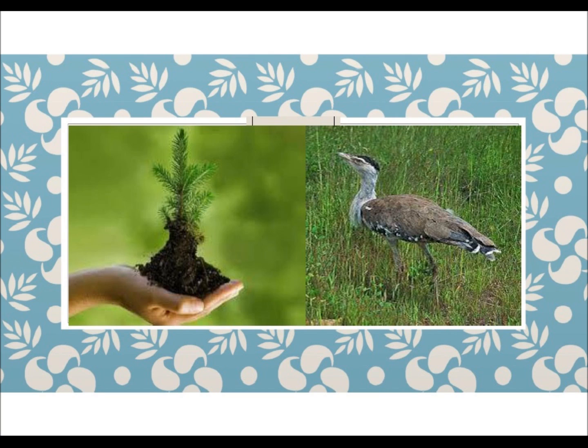Then another question: which of the following is not a part of the terrestrial ecosystem? You will find the options forest, grassland and desert. These questions are very easy, but sometimes we don't care. In the exam hall we might become confused. Forest we know is a terrestrial ecosystem. Grassland we know is also terrestrial.